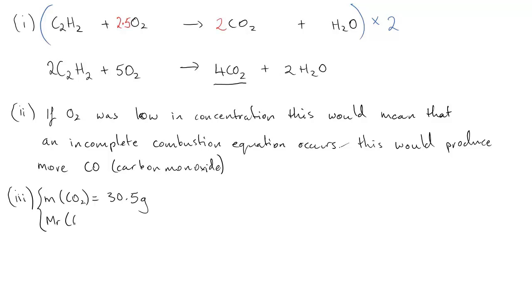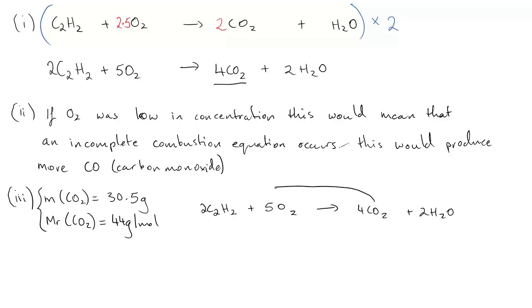The molar mass of carbon dioxide is 44 gram per mole. And I'll just rewrite our formula here. So we have this. And so we will be finding from the mole of carbon dioxide, we need to find the mole of acetylene. So remember that the ratio is always what you want over what you don't want.